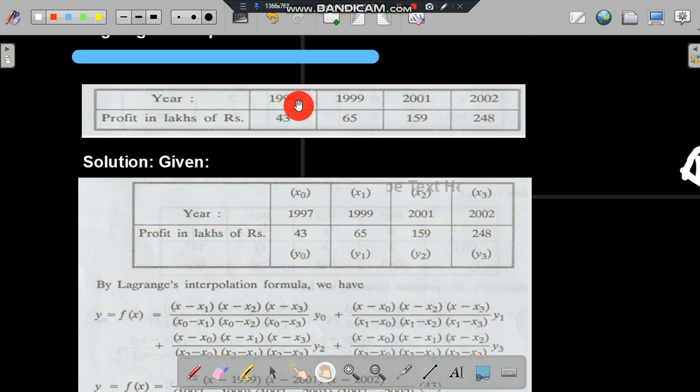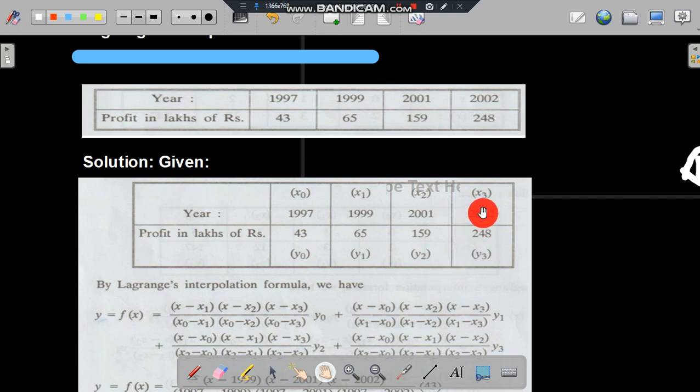So here 1997, 1999, 2001, 2002, these are the x values. Suppose 1997 becomes x0, 1999 becomes x1, 2001 is x2, and 2002 is x3. 43 is the corresponding y0, for 65 it is y1, for 159 it is y2, corresponding to x2.